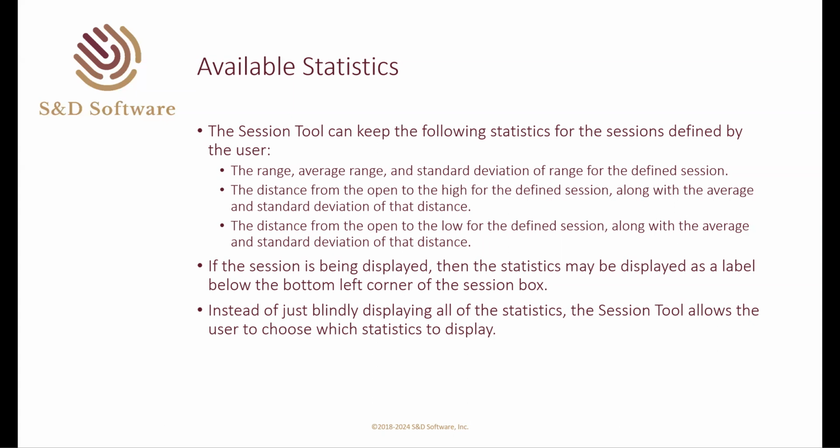The label for the session will be drawn above the session box on the left side as well. And again, you can choose what statistics you actually want it to show, so you don't just get all these things being blindly put up there.